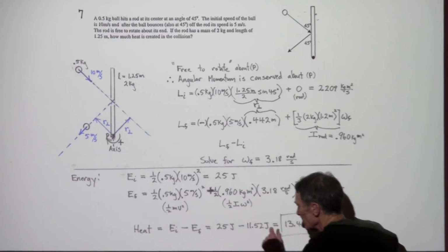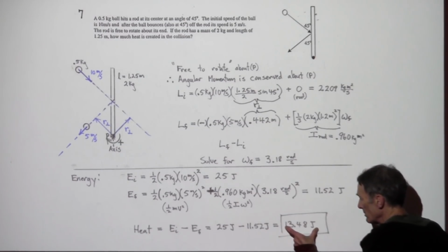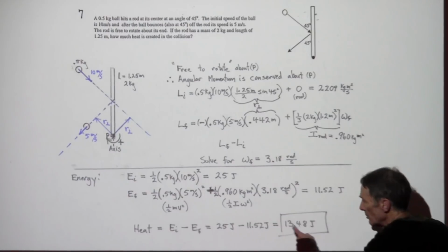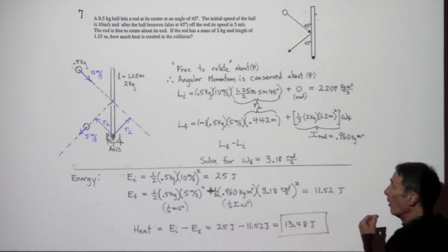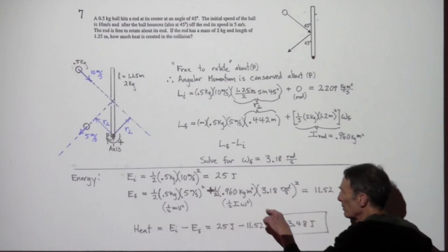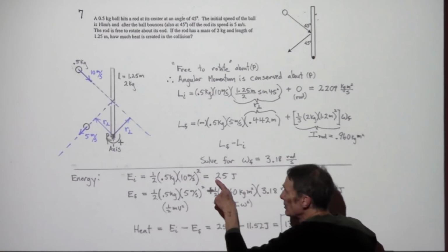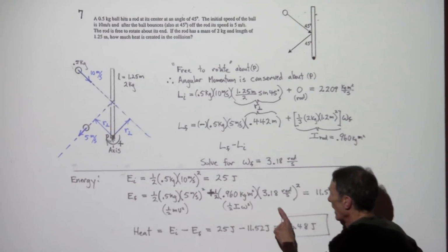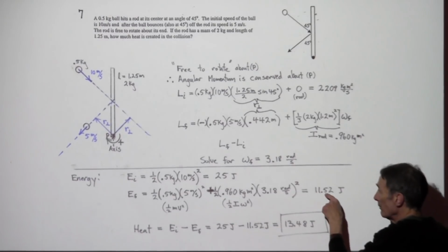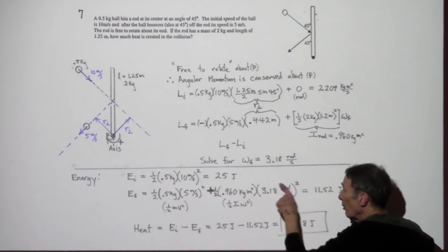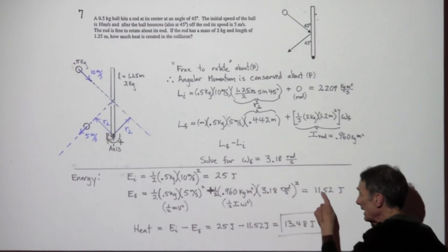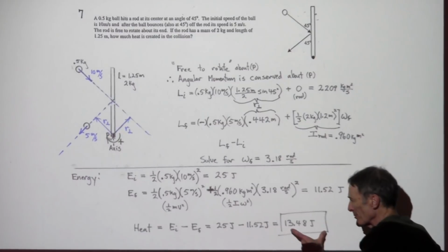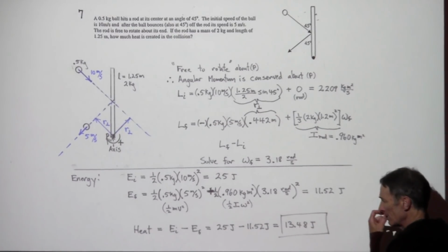This is going to be a positive quantity, the difference between these two. Does that mean heat is gained? Oh, well, it's lost, and I'm not expressing this well. The initial energy was 25 joules, and the final energy is 11.5. So clearly we lost some energy. Where did it go?